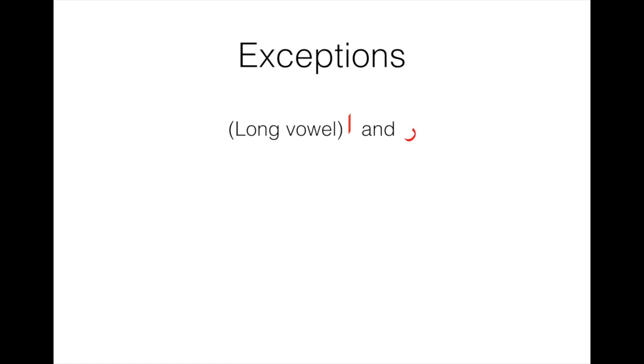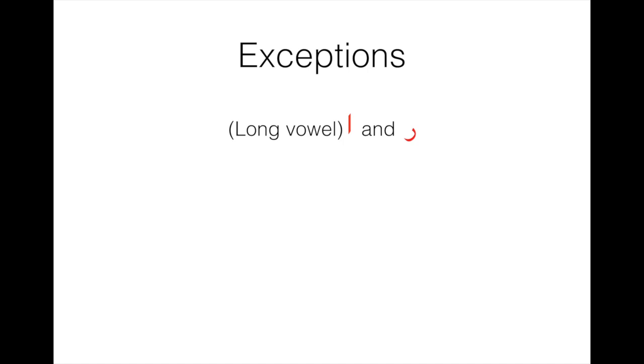Alright, so then we have the long vowel alif, which is also an exception. This one is basically the only letter that actually shapeshifts, in a sense, quote unquote. Because if you attach an alif to a heavy letter, it just stretches the heavy sound of that letter. And if you attach it to a light letter, it just stretches the lightness of that letter.